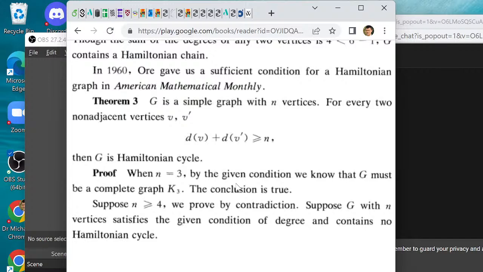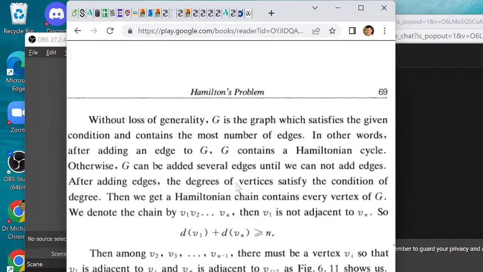So what is the difference between this proof and the other proof? So somehow we got a chain. The degree of the vertices satisfy the condition of degree. So maybe you tried the same proof as before.